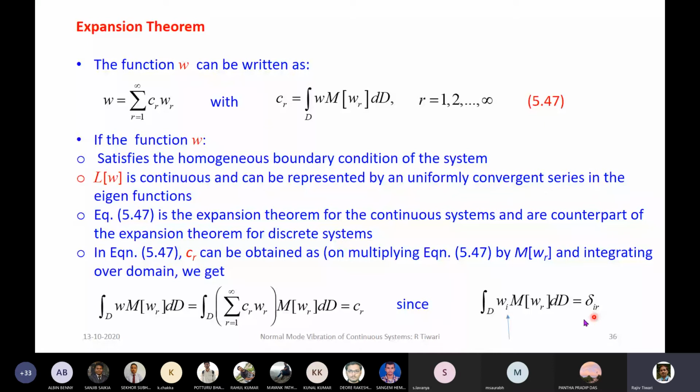So the only term left out will be WR and CR.